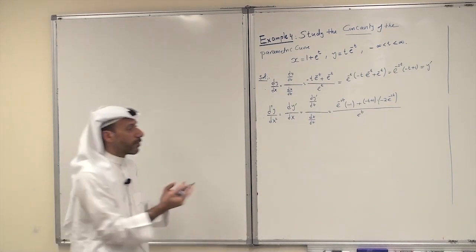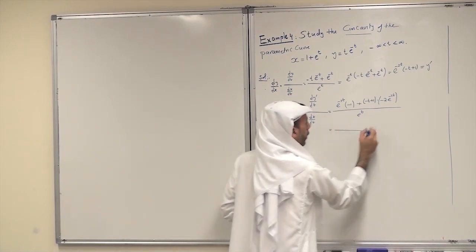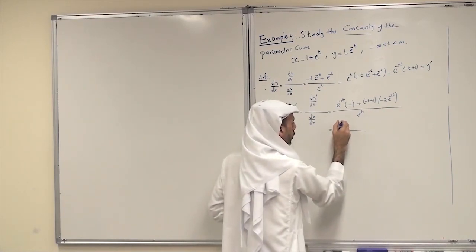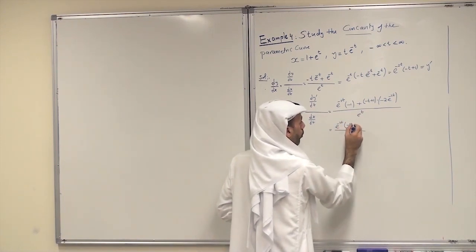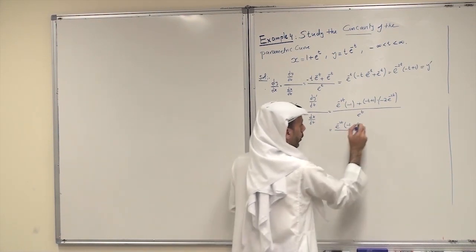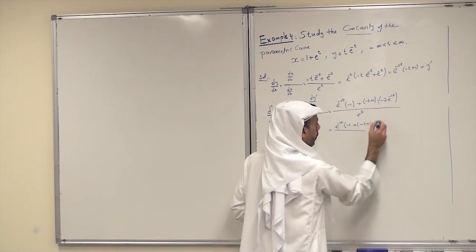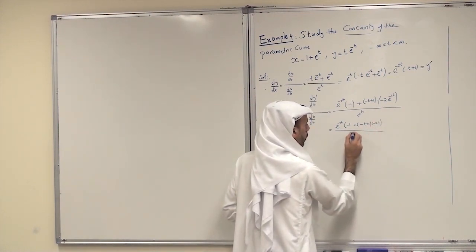Next, we have just to simplify it. So from the numerator, I have e power minus 2t, a common factor. I get minus 1 plus minus t plus 1 times minus 2, over e power t.